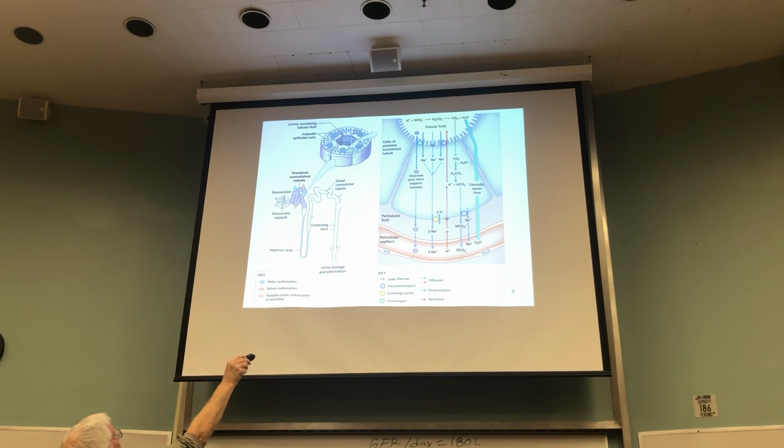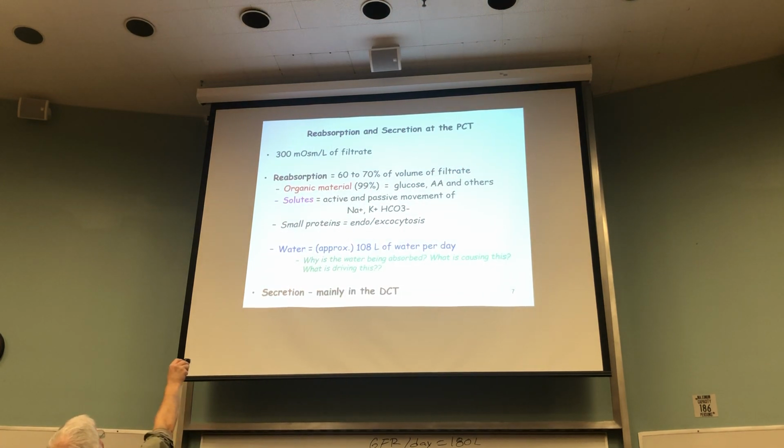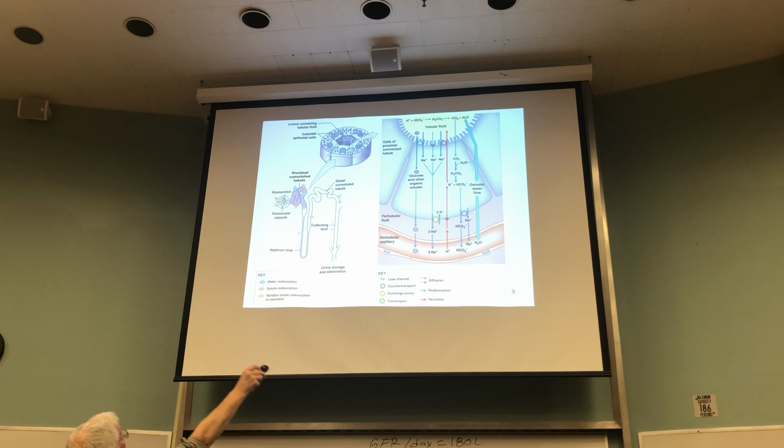That really helps to encourage water coming in. And this is why we get 108 liters of water reabsorbed in just the proximal convoluted tubule. It's also why we get 99% of all of our organics reabsorbed, mainly by water leaving, everybody else becomes more concentrated, and that drives their facilitated diffusion.